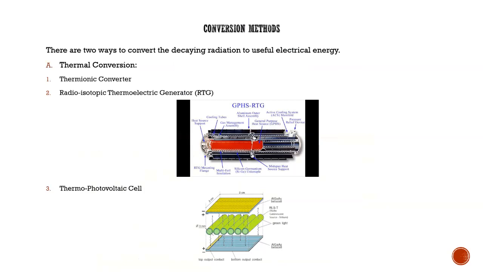The first one is the thermionic converter. In a thermionic converter, the nuclear fuel is sandwiched between two thermal plates.